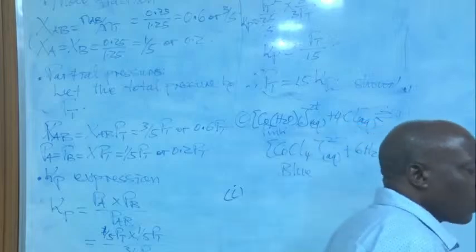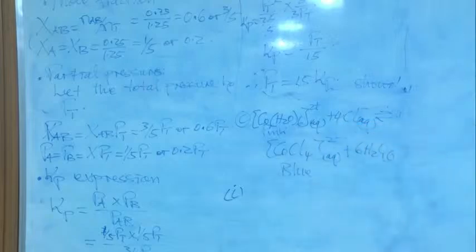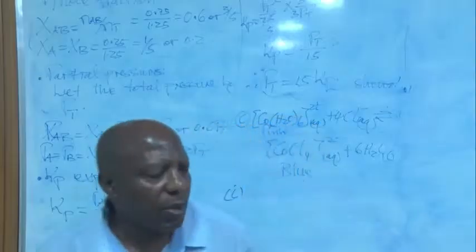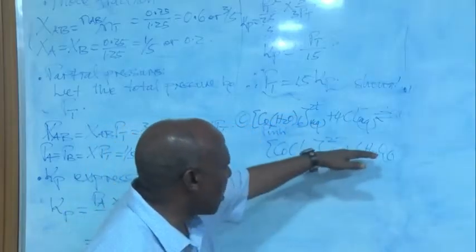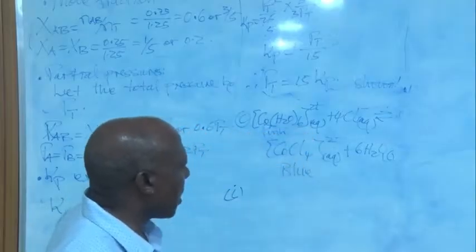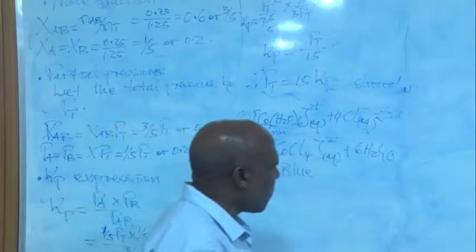Then the pink solution was formed. Then hydrochloric acid, which is the source of chloride ions, was added. Then the equilibrium system was established between this complex and this one.